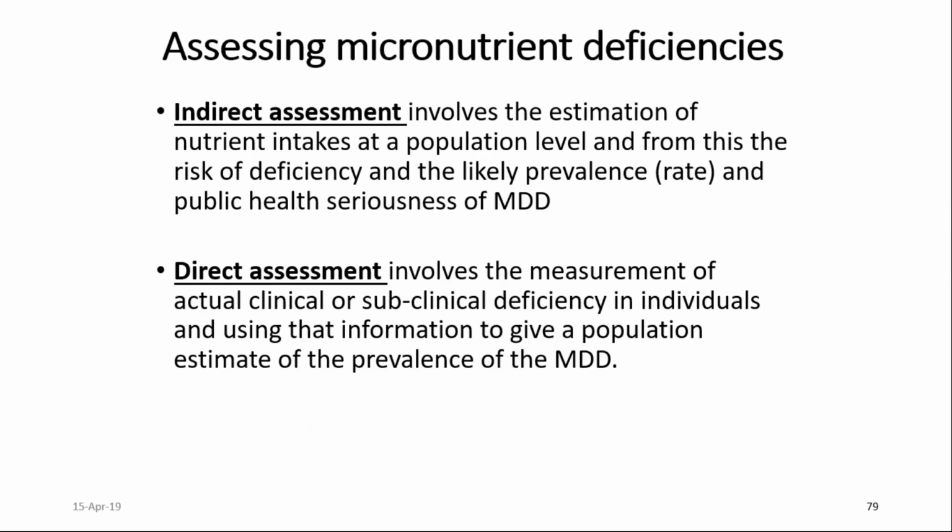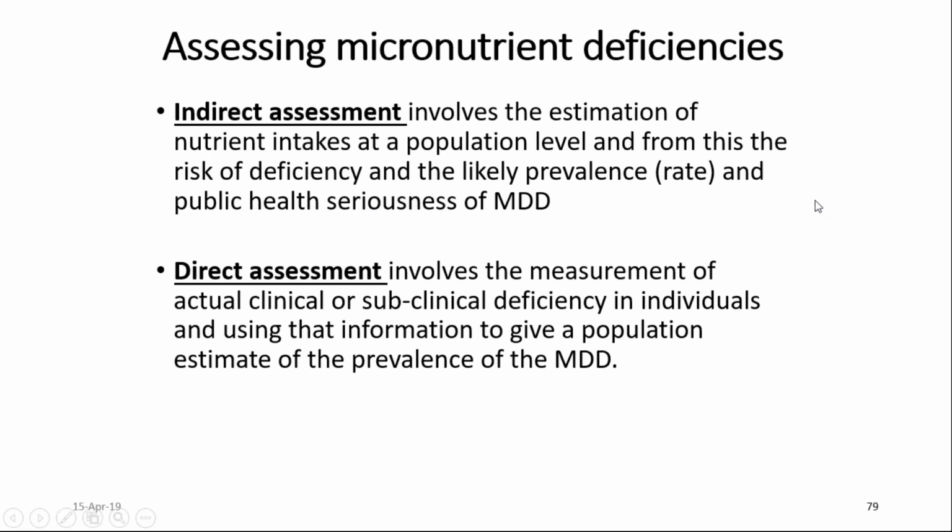You can assess micronutrient deficiencies by an indirect or a direct assessment. Direct assessment is measuring the levels of these micronutrients in the blood, and you will be able to tell whether you have a deficiency. The indirect assessment involves estimation of the nutrient intake of a population, and then from this you calculate the risk of the deficiency.